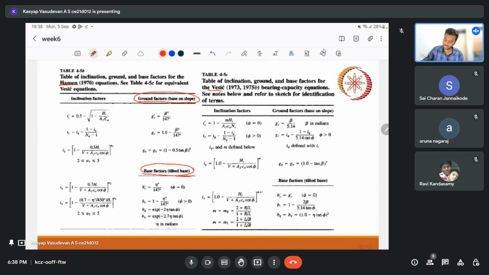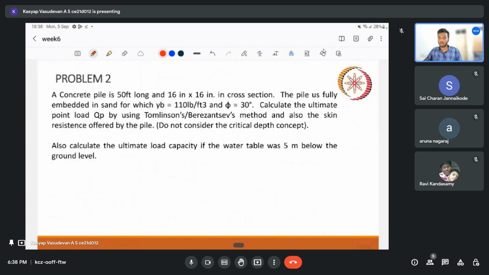I would recommend you go through the 4.5 table just to have an idea where to look and how to do this. Inclination factors are already used. This is a very rare case where we have base factors and ground factors, so this is just for your information. I guess we can move to the next question.